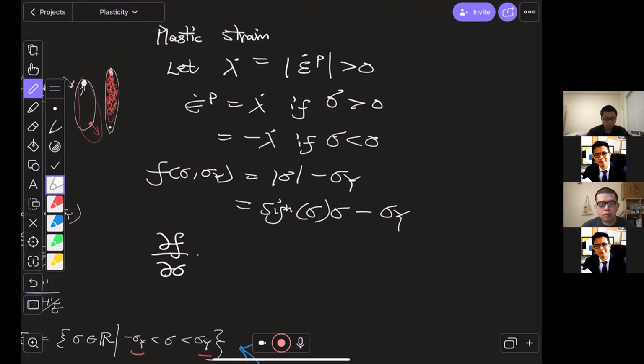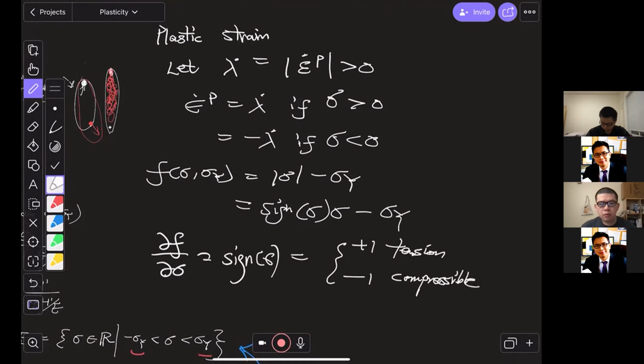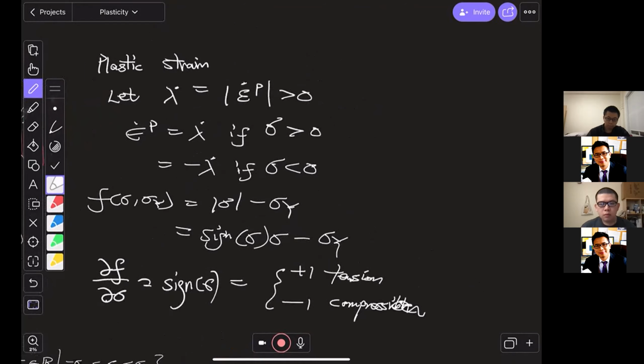I will simply get the sign, which would be plus 1, corresponding to the tension mode, and minus 1, corresponding to the compression mode.